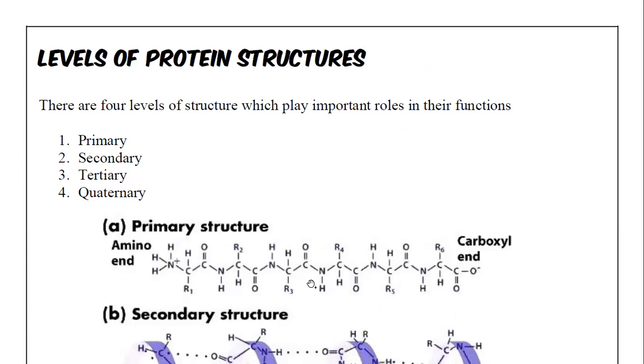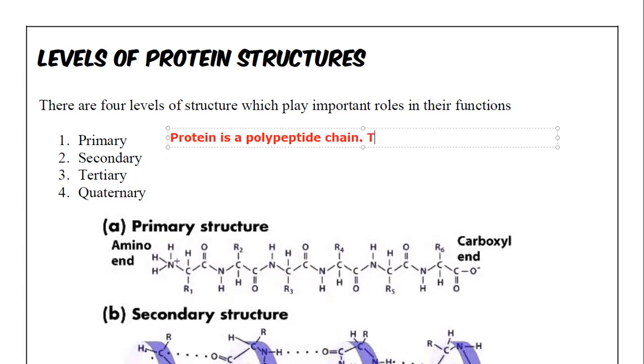This polypeptide chain gets arranged in various ways. So what is it? Protein is a polypeptide chain: many amino acids joined by many peptide bonds.